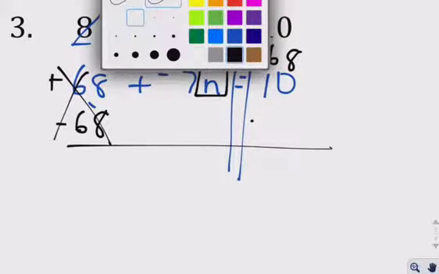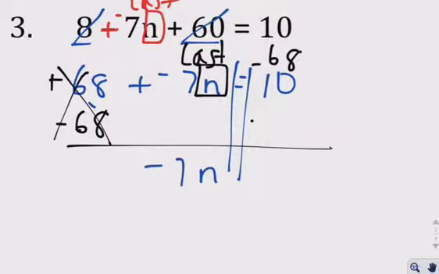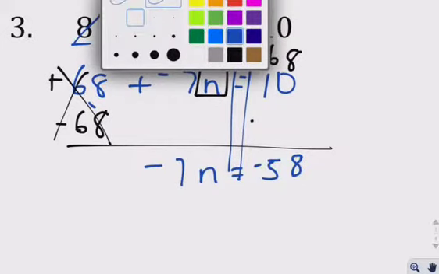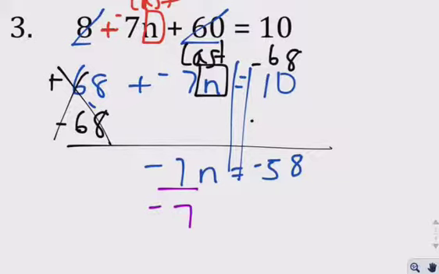That leaves me a negative 7n equals minus 58. Divide by negative 7. N equals a positive, because a negative divided by a negative is a positive. When you are adding or subtracting, the biggest number takes the sign. You subtract when they are different.